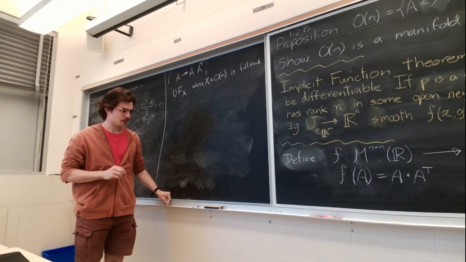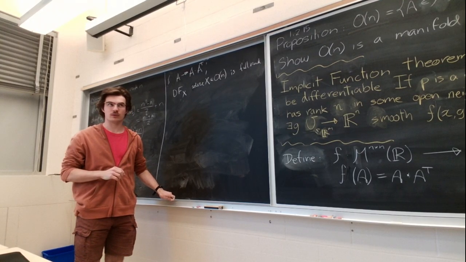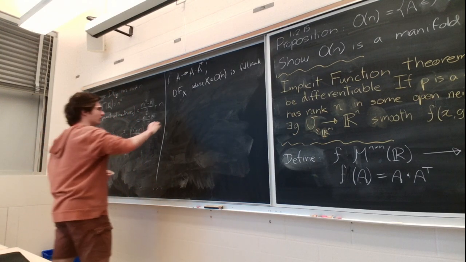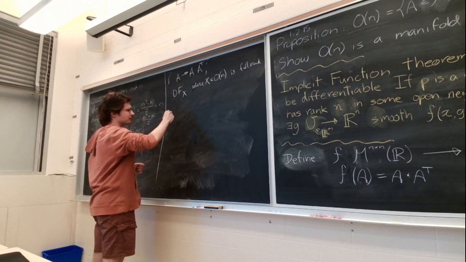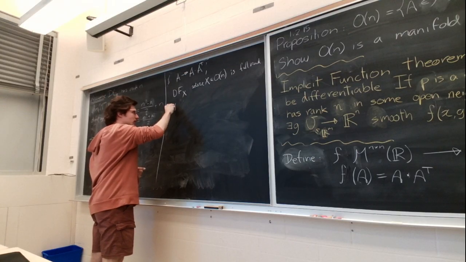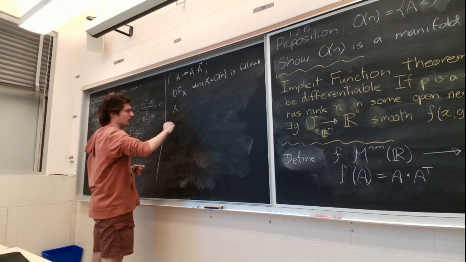Okay, so let's see how we're going to do this. Actually, I might not have this ready. That's crazy. I thought I did. Okay. So I want to find some... I have X, which is mine in ON.